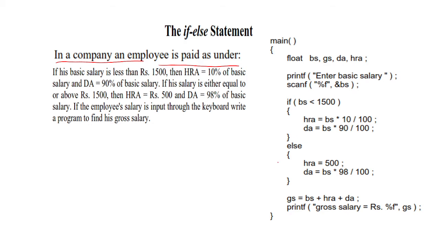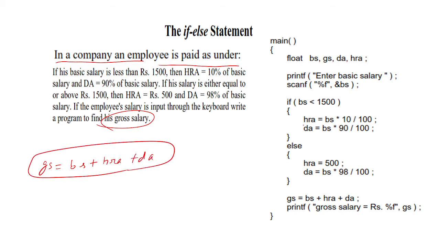After that he is demanding the gross salary, and we know that gross salary is equal to basic salary plus HRA plus DA. So if the salary is less than 1500, then it will take the HRA of this and DA of this, and the basic salary is given by the keyboard.